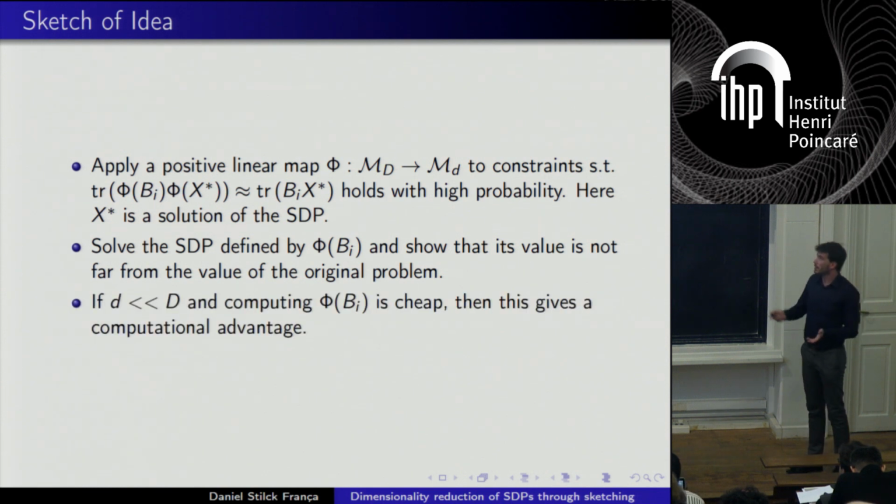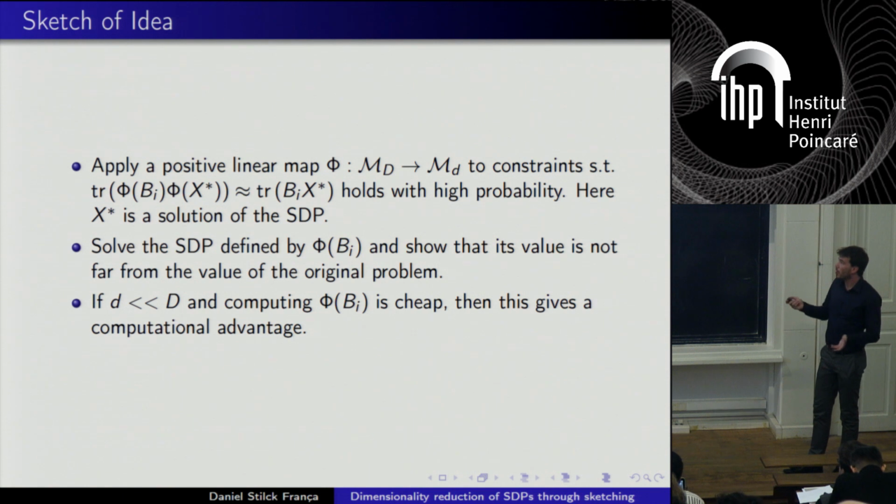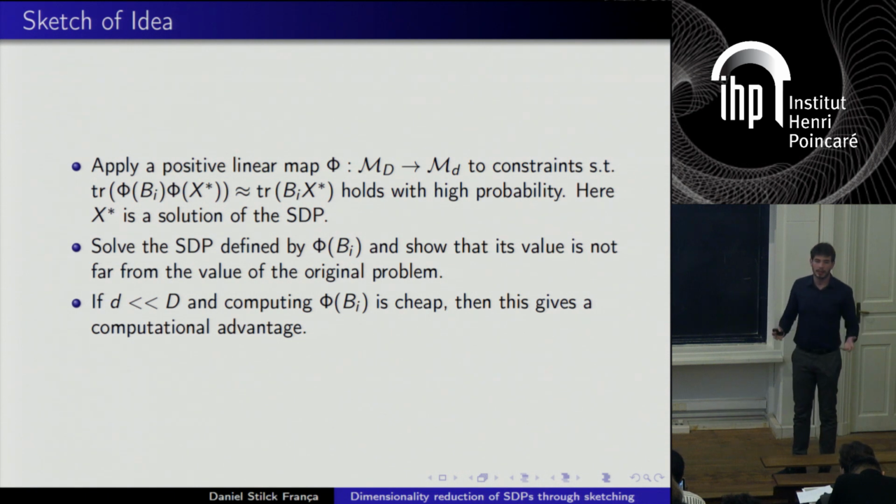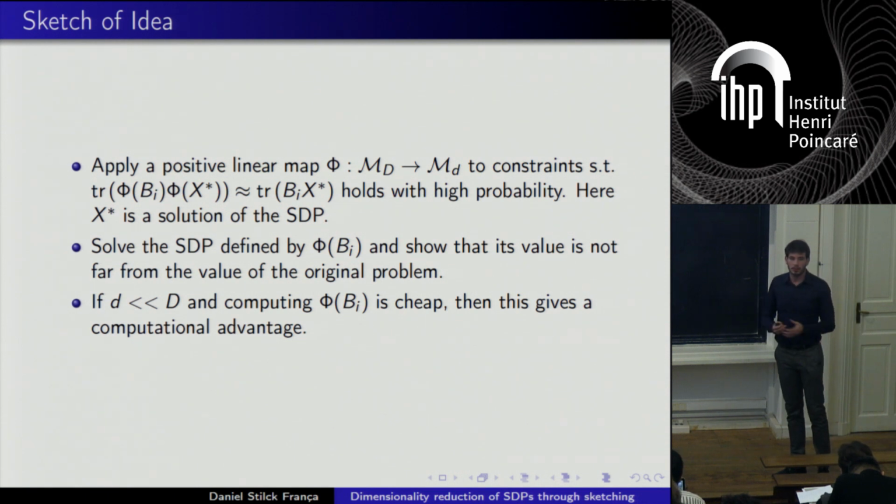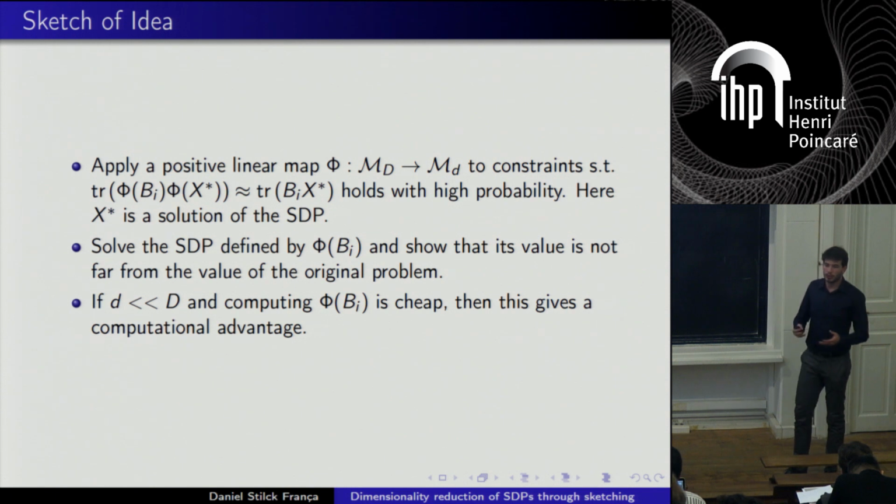And as I said, if this d is smaller than the original D, and computing these matrices phi of Bi is not too expensive, then we get a computational advantage, and we will also need much less memory to solve it, because again, we have a smaller d.